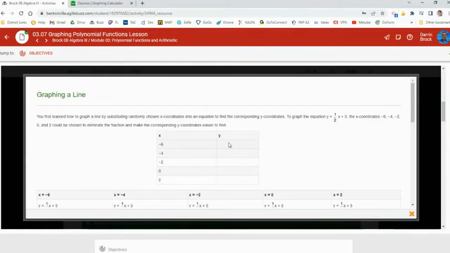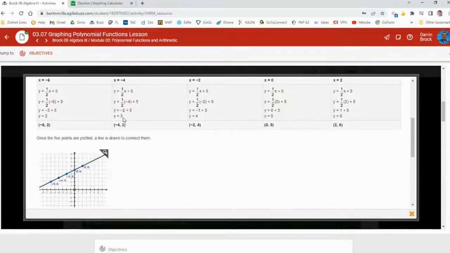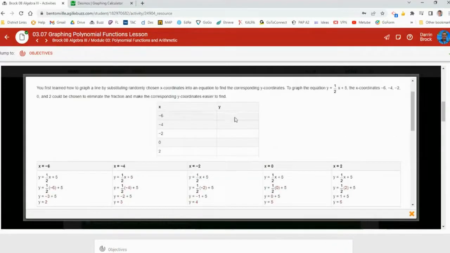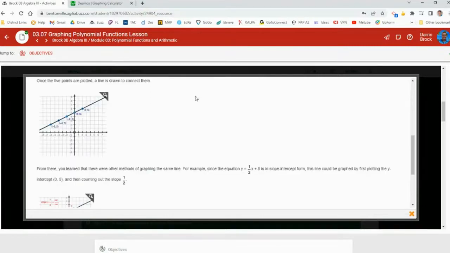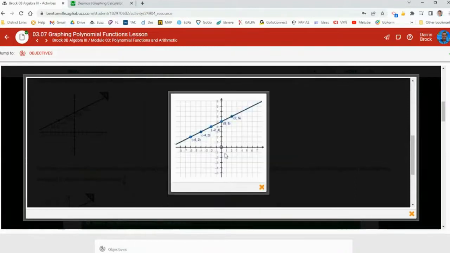So you put a 2 there in your table. This ends up 3, 4, 5, 6. Then you would graph those points: (-6, 2), (-4, 3), (-2, 4), (0, 5), (2, 6), and then connect them with a solid line. So we can graph that equation.